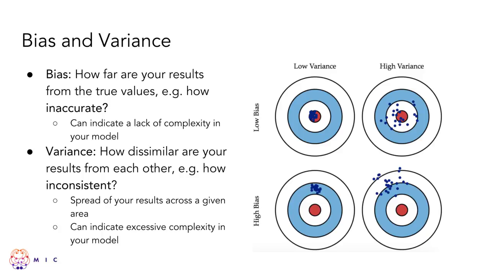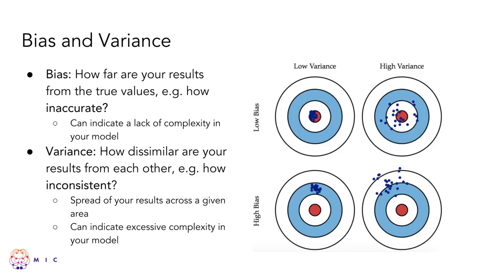That's our expected output, our true value that we're trying to hit. High variance and low bias would look like the top right. Since we have low bias, we have low error. On average, our results are correct, but they're inconsistent. Individually, your results are inconsistent and not necessarily correct.